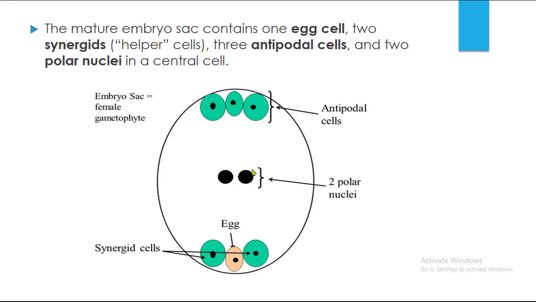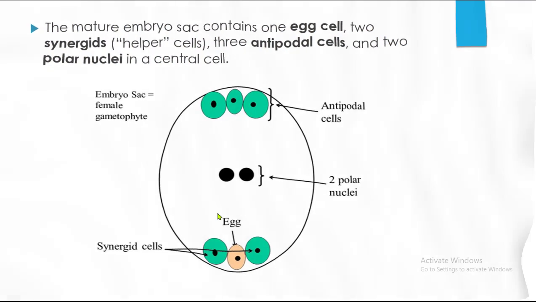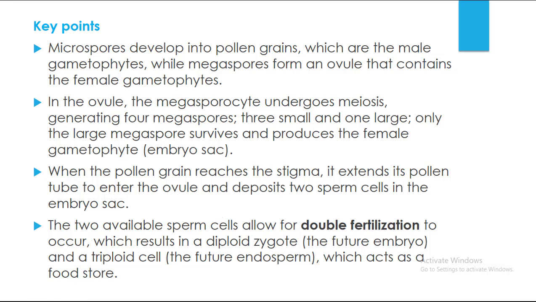So what happens due to these polar nuclei and this egg in angiosperms? A major characteristic of angiosperms is double fertilization. We will discuss it. Here are the key points. Microspores develop into pollen grains, which are the male gametophyte, while megaspores form an ovule that contains the female gametophyte.